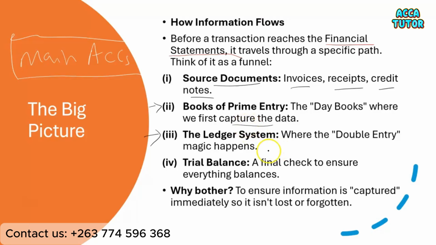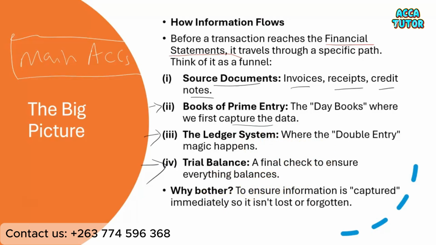In our previous lecture, we talked about double entry. In this lecture, we'll revisit the concept until it sinks into our memory. Then number 4, the trial balance. After the transaction appears in the ledger, we can talk of the trial balance. This is a final check to ensure everything balances.